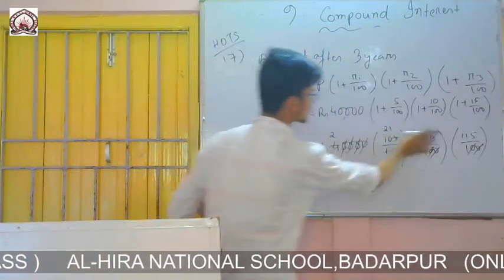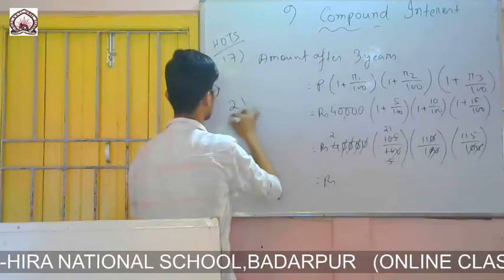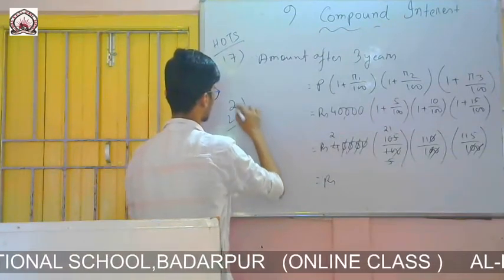So now simply multiply, you will get the answer. This one you keep, this 2 you multiply. 21 into 11, that means 21 21 1.